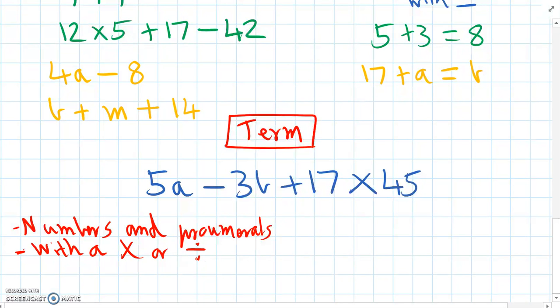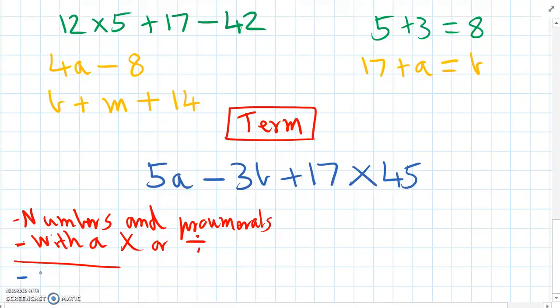And these groups of numbers are called a term. So in other words, we find the plus and the minus symbols, and they are the gaps between each term. So terms are separated by addition and subtraction.